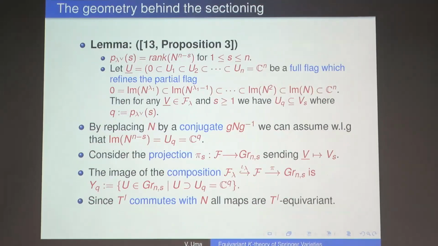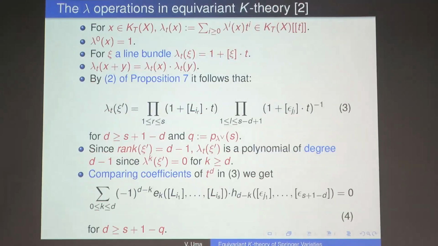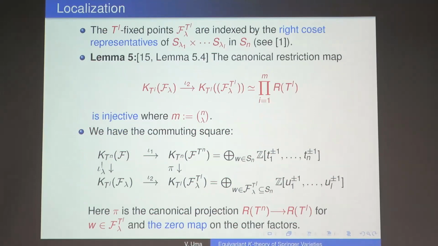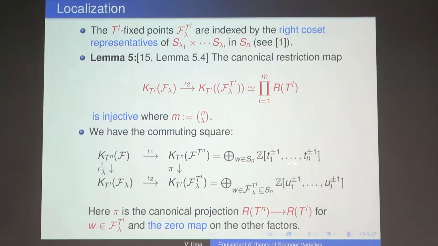We use a restriction to the fixed points. That is how we prove this. Here we have GKM for F, but which are the curves in F lambda that join the fixed points? I don't know whether it is known.